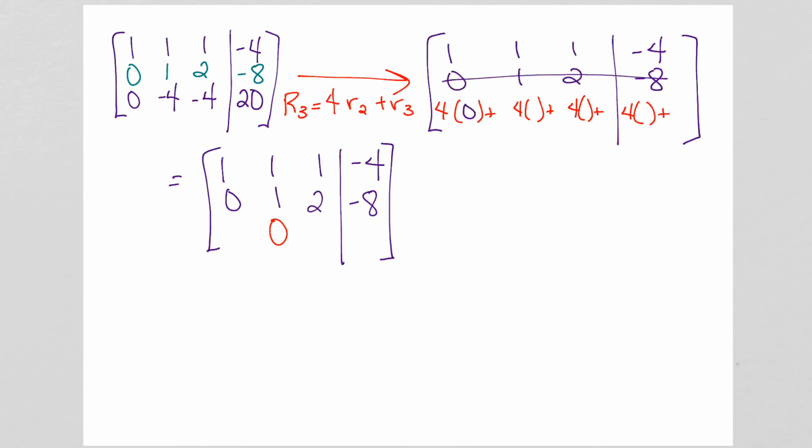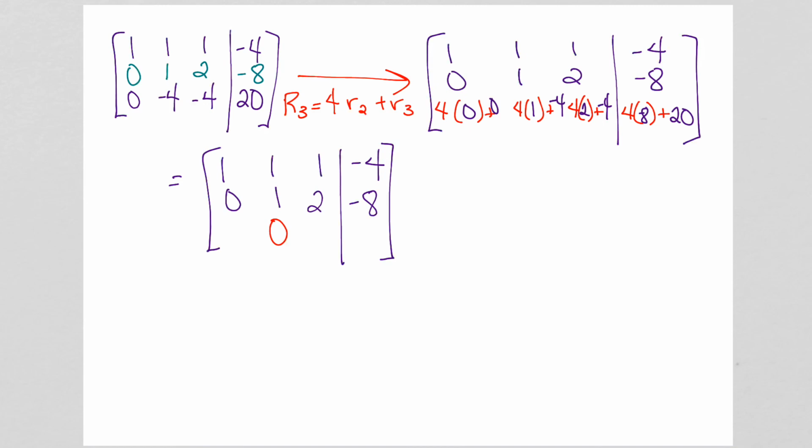So we're putting that row in our parentheses here because that's what we're multiplying by. And then this row, we're adding on to what was in row 3. Oh, I jumped ahead. Should be 0, -4, -4, and 20.